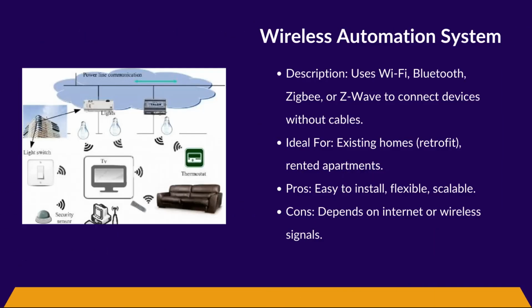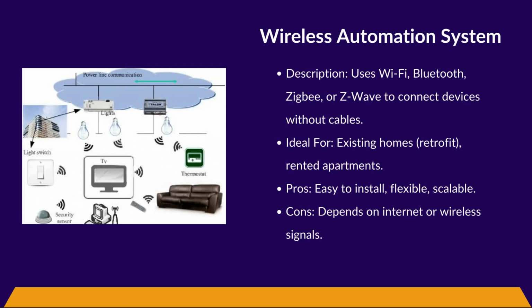The wireless solution, let's explain its description. They use Wi-Fi or Bluetooth or Zigbee or Z-Wave to connect devices without cables. They basically make use of wireless connectivity. If you're automating the entire structure or house, for instance the sockets, the switches, the lamp holders, the window treatments, the sound system, the cinema system for the home, they are all going to be connected to the wireless network.